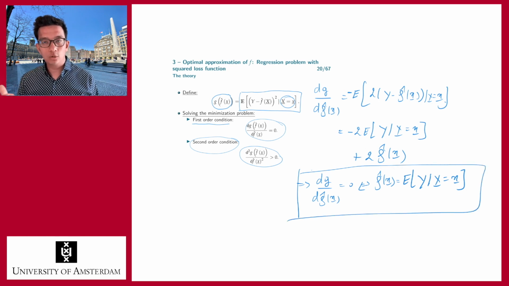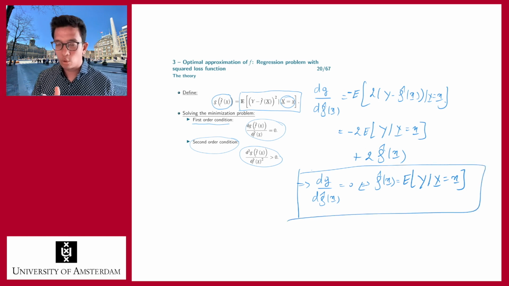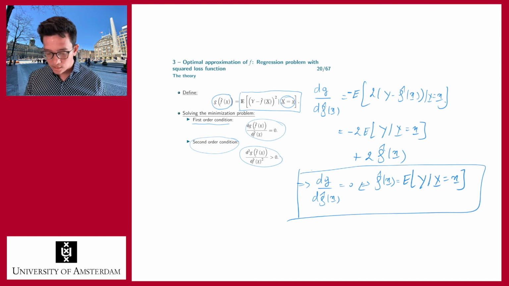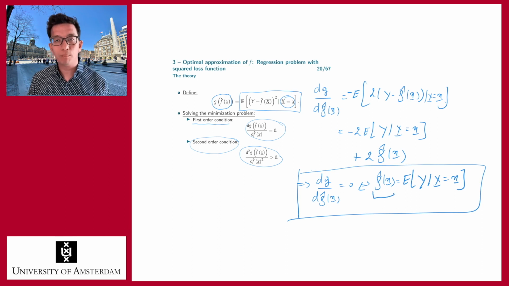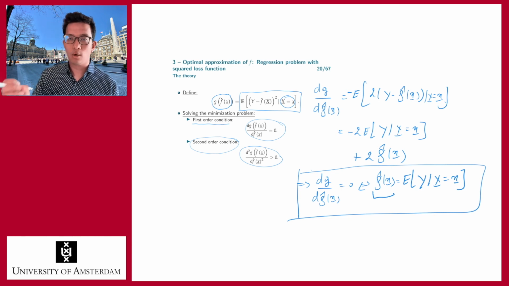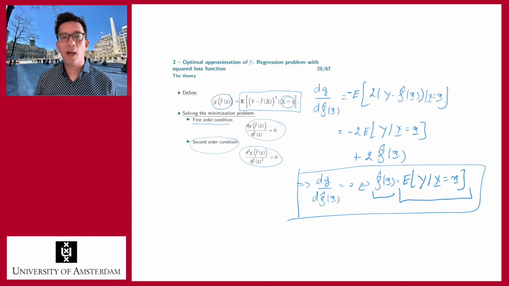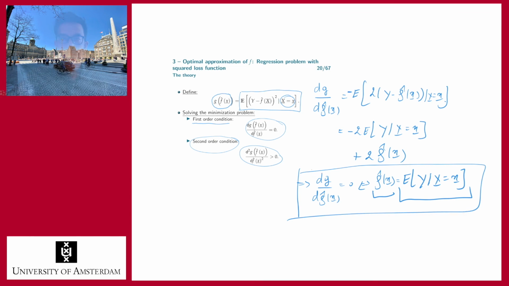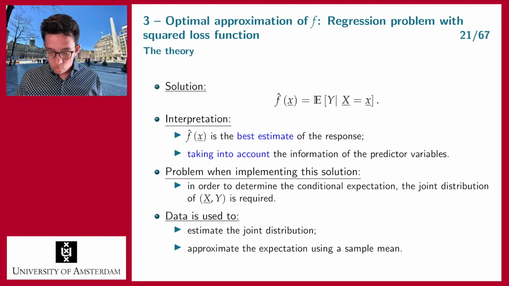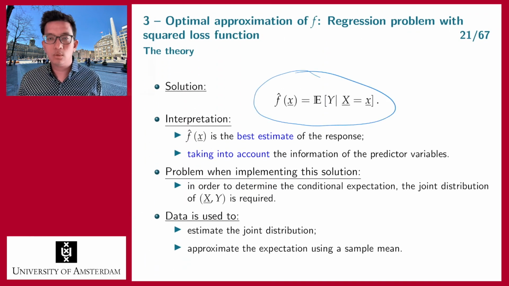So this pointwise optimization problem can be solved very easily, and what we find is that my best prediction, my optimal prediction, the prediction that minimizes the prediction error measured through the squared loss function, is the conditional expectation of y given x. On the previous slide, we showed that f hat is equal to this conditional expectation.